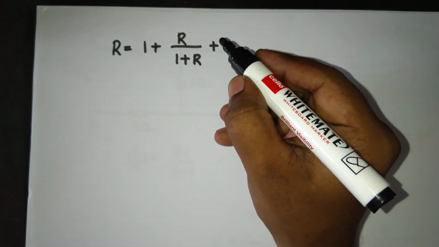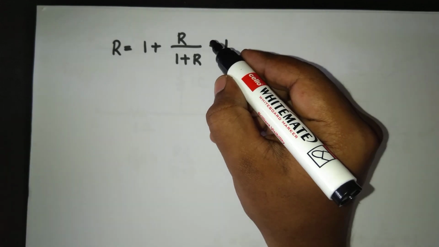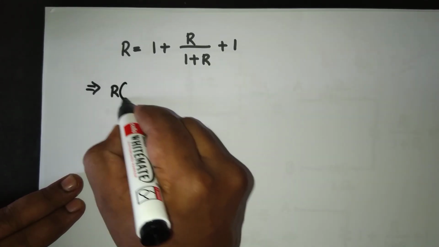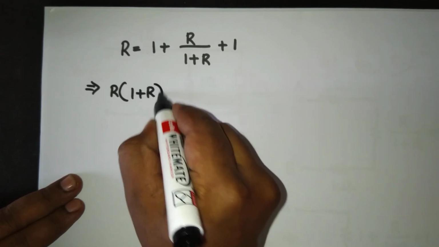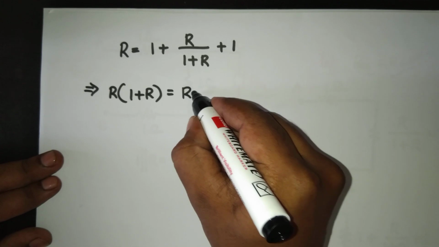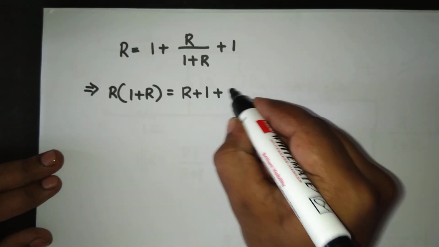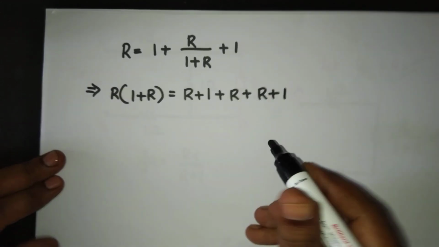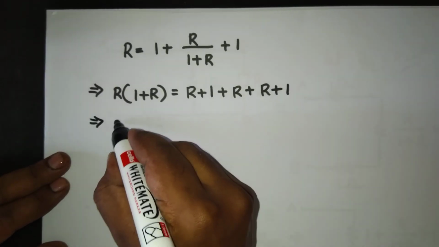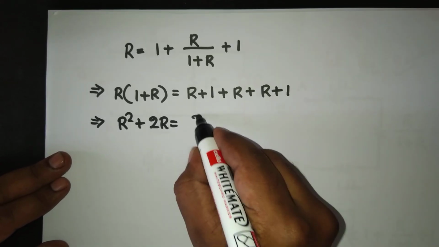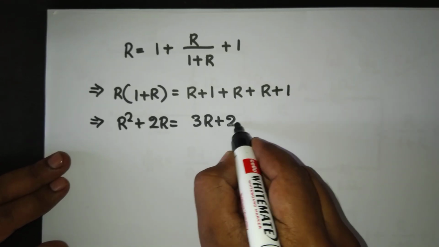Now we simplify this, so we get R multiplied by 1 plus R equal to R plus 1 plus R plus R plus 1. So this is nothing but R square plus R, and on the right we have 3R plus 2.